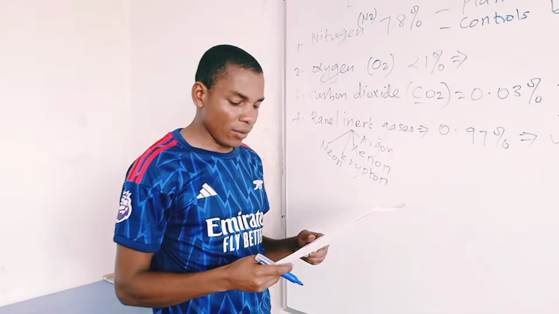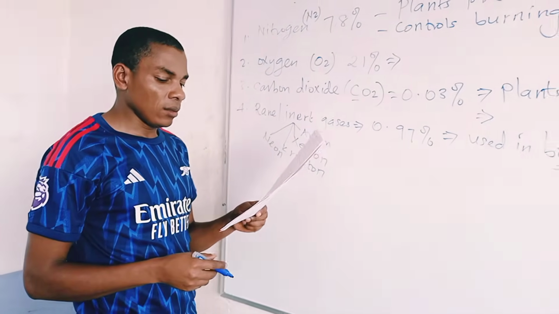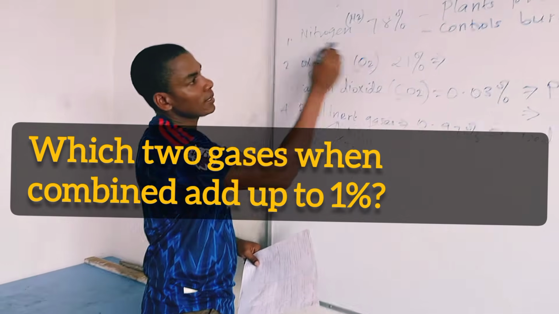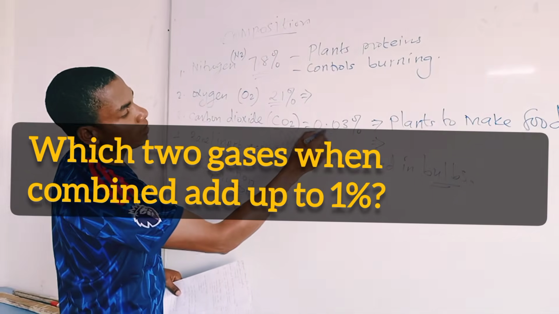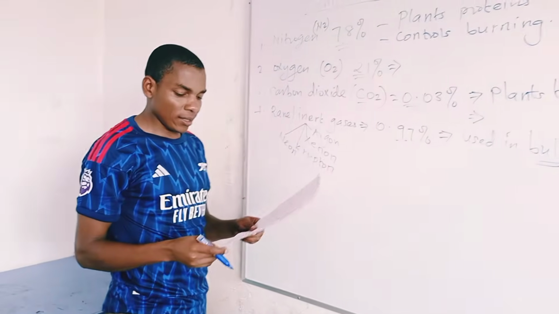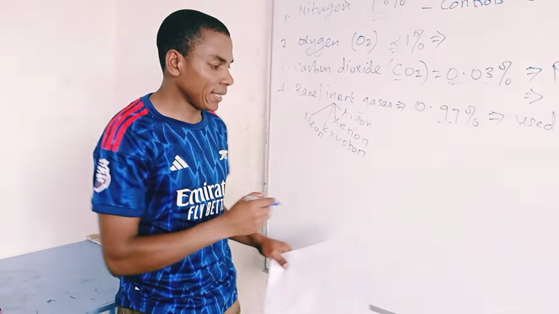I think you have understood these things. So the question that is brought here: among 78, 21, 0.03 and 0.97, which two gases when combined add up to 1%?